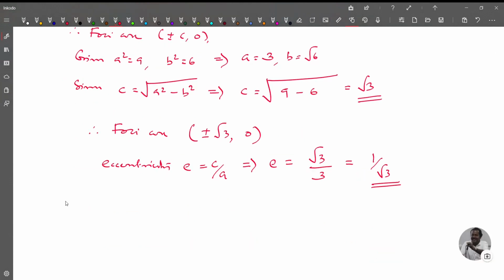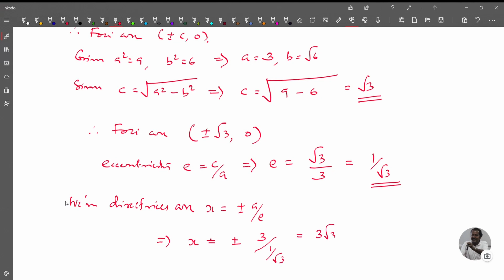We have directrices are x is equal to plus or minus a by e. So this implies x is equal to plus or minus 3 by 1 by root 3. So this is plus or minus 3 root 3.